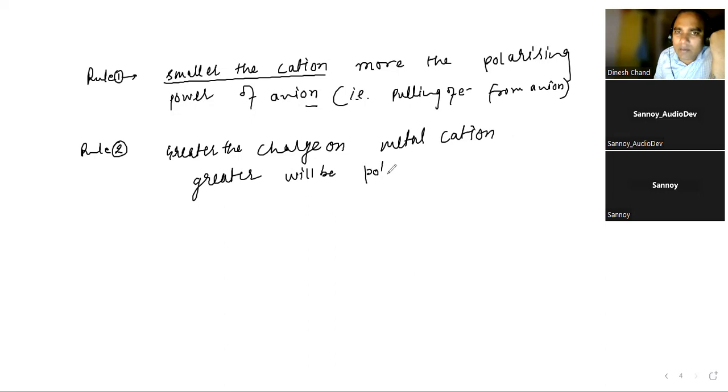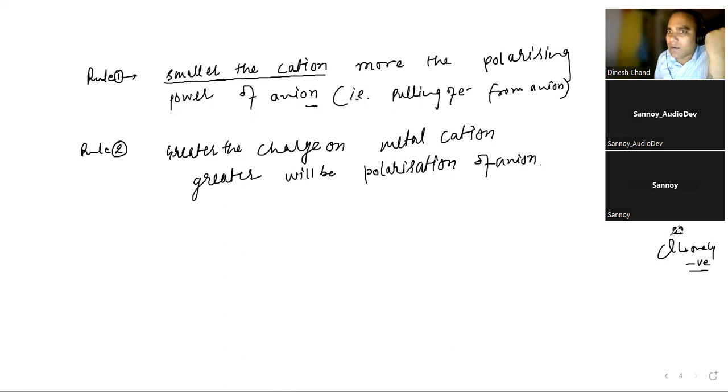Polarization of anion means pulling the electron. Suppose both the electrons are here, with only negative charge. So it is only negative, so non-polar.